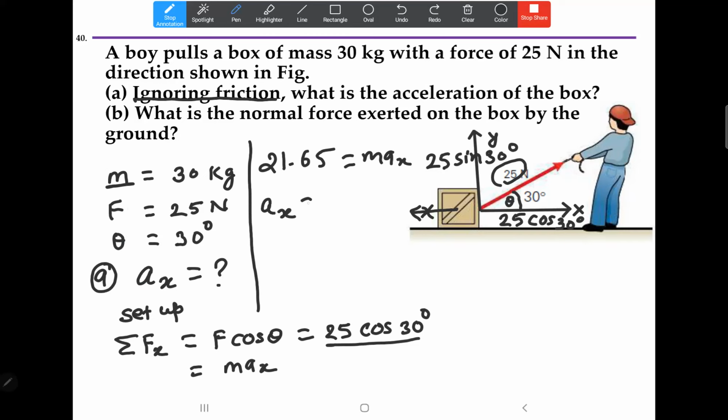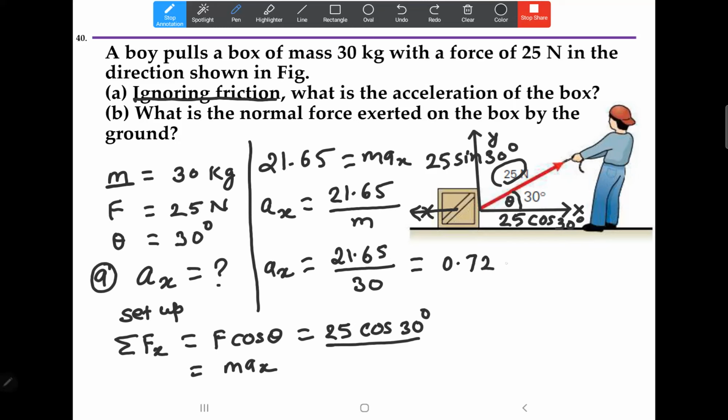So x acceleration a_x is equal to 21.65 divided by the mass, 30 kilogram. If you divide this by 30, you will get something like 0.72 meter per second squared.